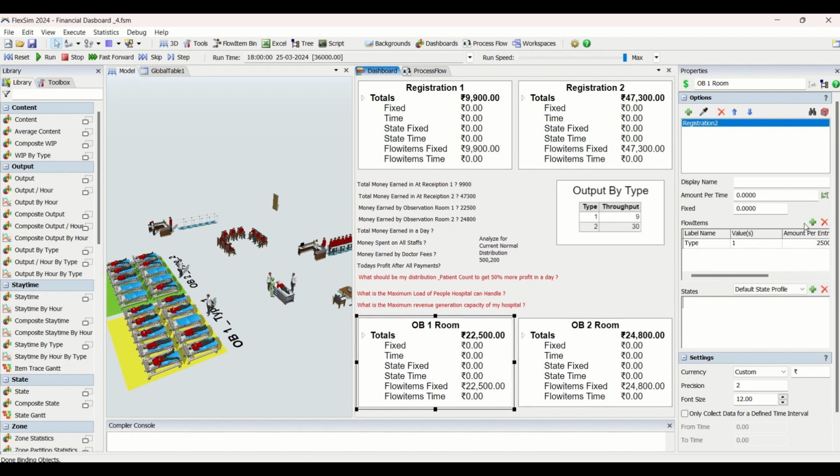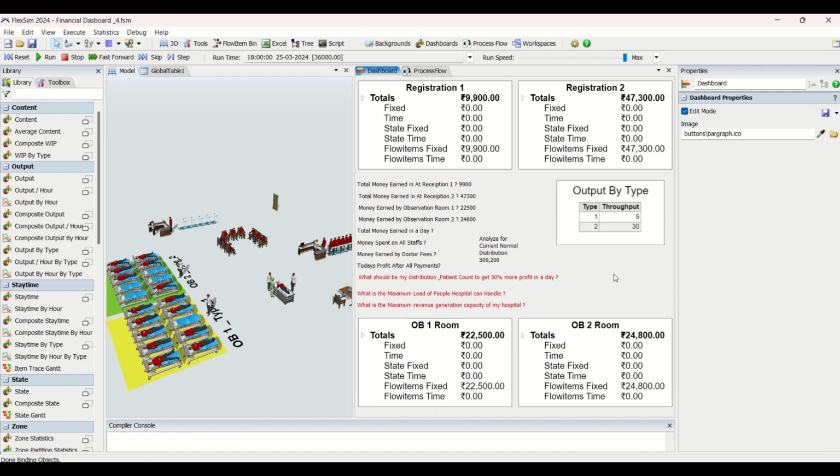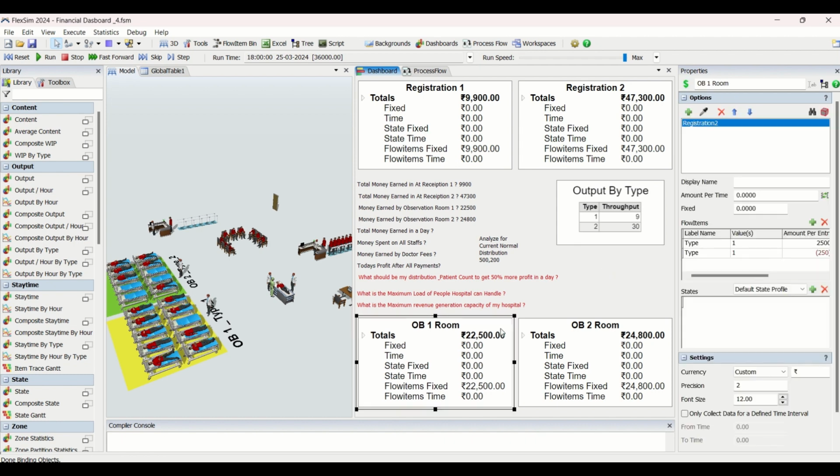Just what you need to do is you need to plus in, and then do a subtraction, add that, and your deduction should be added into your simulation model. You need not worry, the graph will take care of it and will give you the detailed value which you require, considering all the expenses.